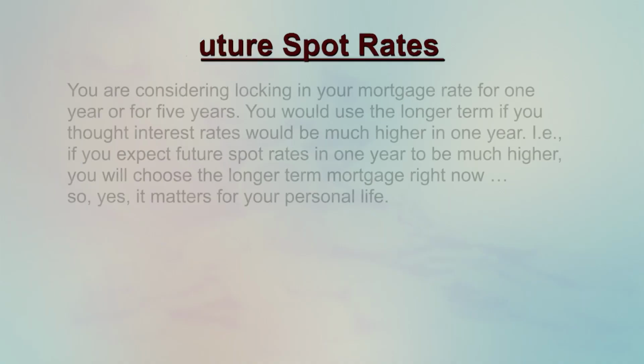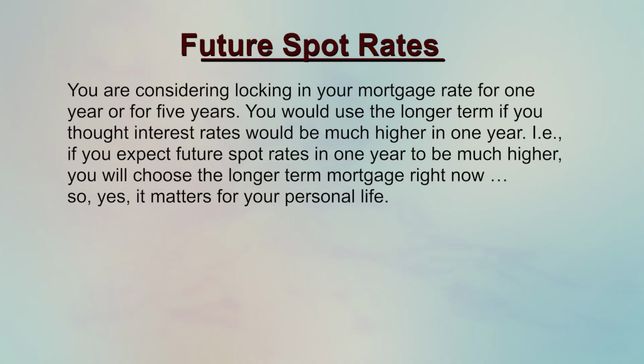This boils down to future spot rates with a real life example. For example, you are considering locking in your mortgage rate for 1 year or for 5 years. You would use the longer term if you thought interest rate would be much higher in 1 year. That means there is an expectation that in the future period the cost of borrowing may rise, so it is more rational to go for a 5-year mortgage.